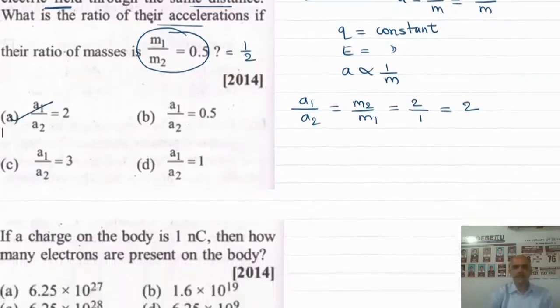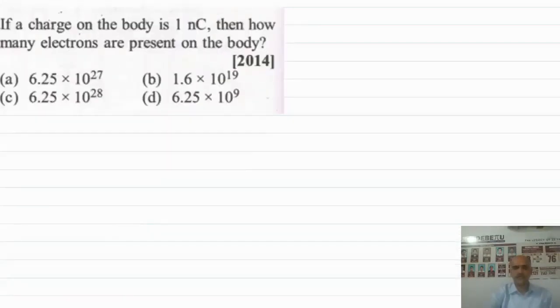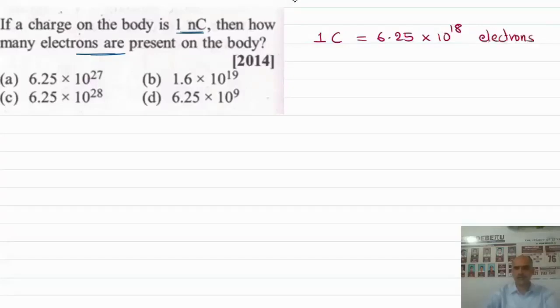Clear? Next, if a charge on a body is 1 nanocoulomb, how many electrons are present in the body? Again you should remember this. So 1 coulomb is equal to 6.25 into 10 raised to 18 electrons. Remember this directly.